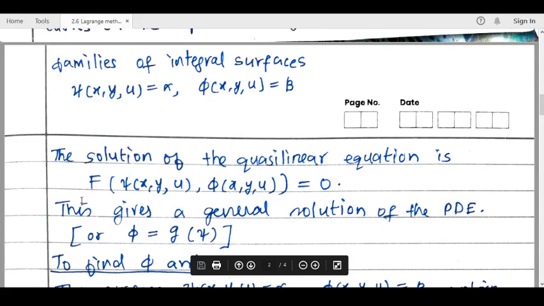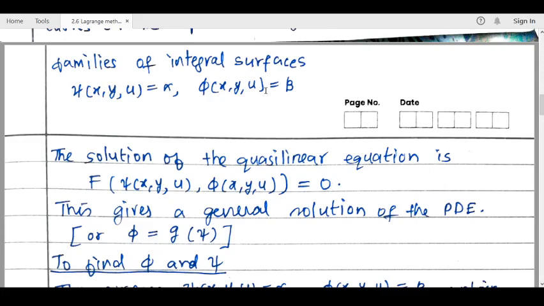So this is a general solution of the quasi-linear PDE, that is f(psi, phi) equal to 0. Now this is the equation of a surface.